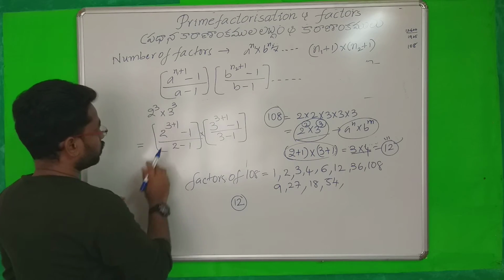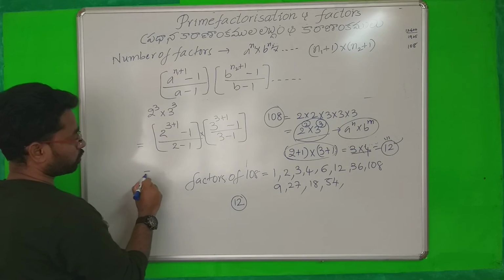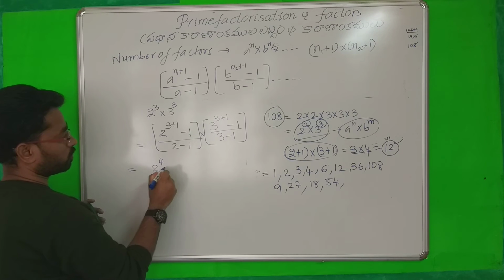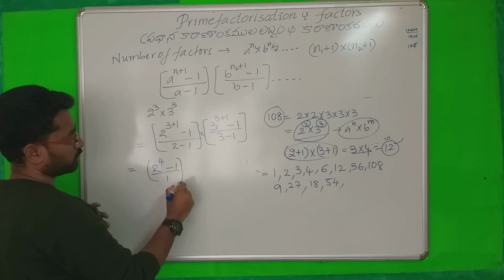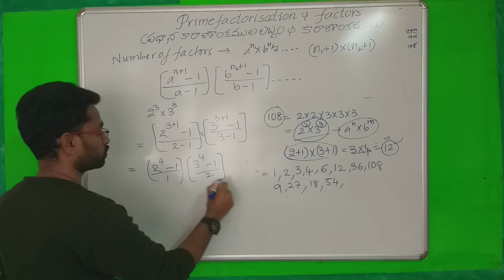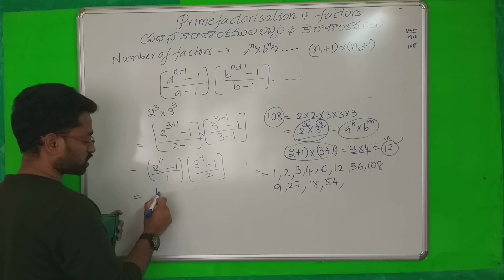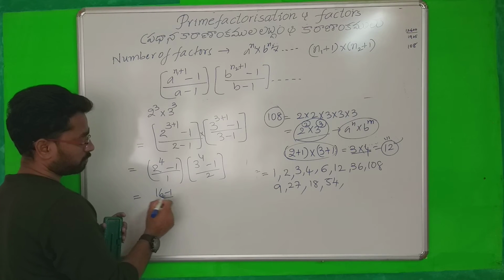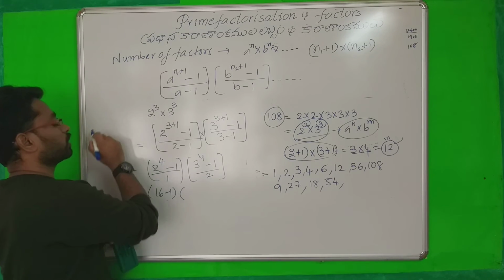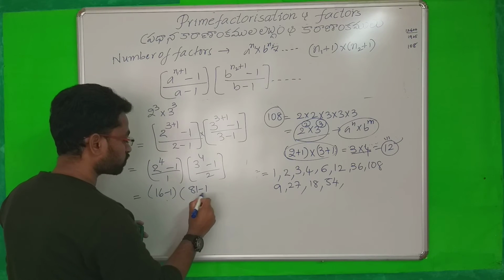Now I am going to write 2 to the power of 4 minus 1 by 2 minus 1, and 3 to the power of 4 minus 1 by 2. So 2 to the power of 4, 2 into 4 times, you will get 16. 16 minus 1 by 1, no need to write the denominator 1. 3 to the power of 4: 3 into 3 is 9, 9 nines are 81. 81 minus 1 by 2.